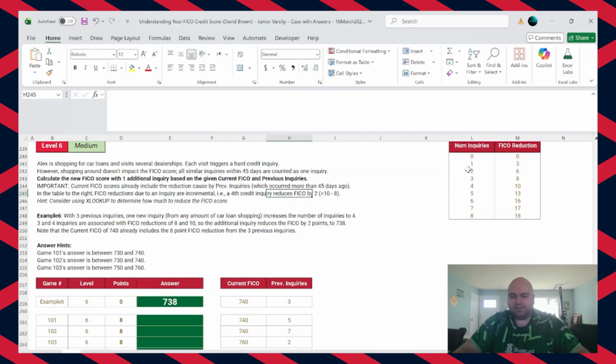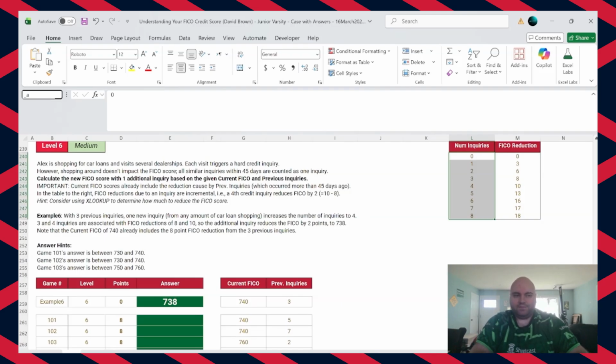So I completely agree with an XLOOKUP solution, and to make our life easier, let's go ahead and assign named ranges to here and the FICO reduction. So the way we can assign a named range is first select the range that we're looking for, go up here to the top left, and just start typing. Like what I do before, I'll start it with an underscore, and let's give it a name.